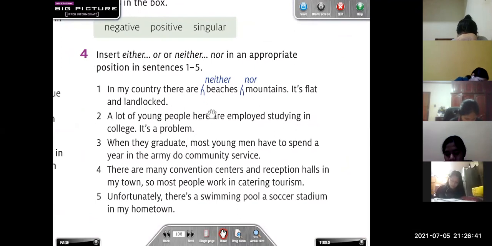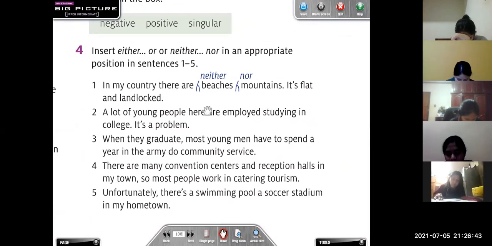And here we have an example, exercise number 4, page 108. In my country, there are neither beaches nor mountains. It's flat and landlocked. Number 2, a lot of young people here are unemployed studying in college. It's a problem. What can we say here?